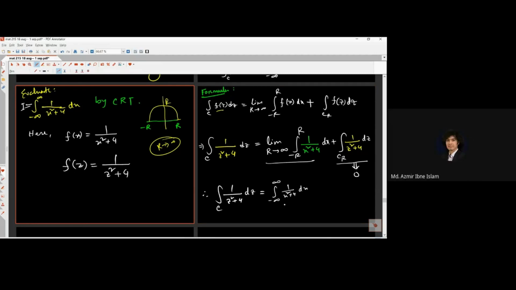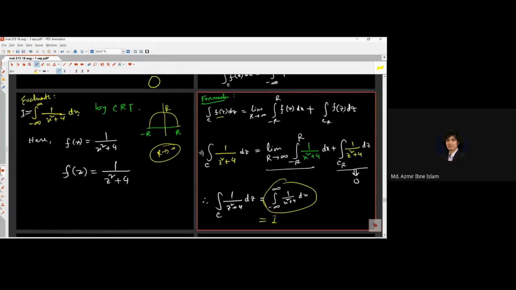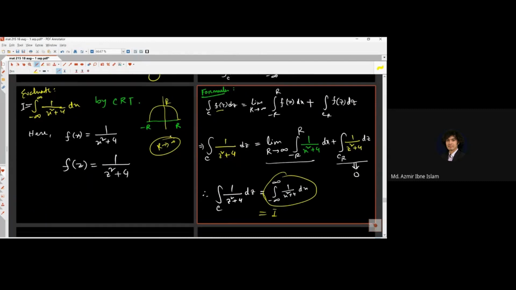So just to find I, what should we do? We don't need to focus on the right side, we have to focus on the left side. To solve this, we have to use Cauchy's residue theorem. So I equals the integral over C of 1 over z squared plus 4 dz. There is no information given for C, but since negative infinity to infinity is given, we are mentioning that C is an upper circle.